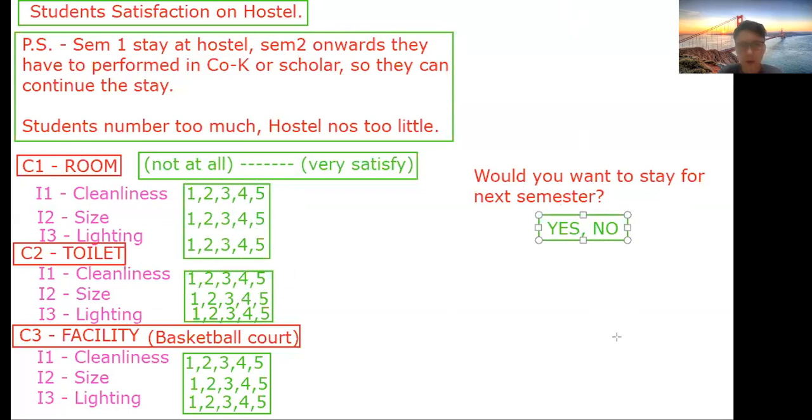So I asked them whether they want to continue or stay on next semester or not.